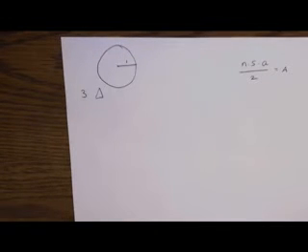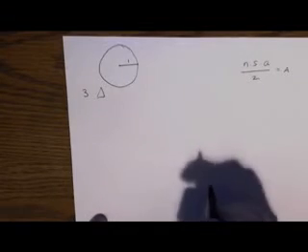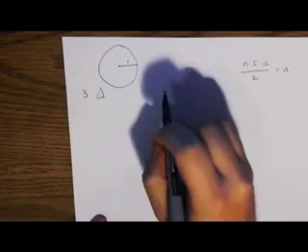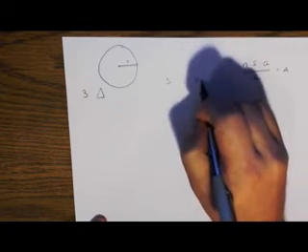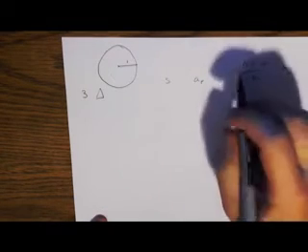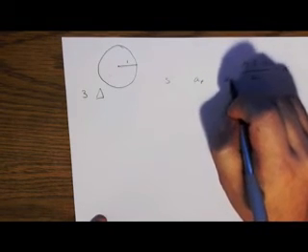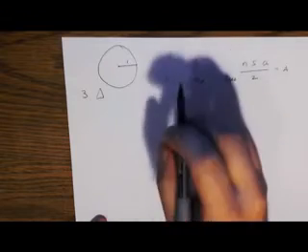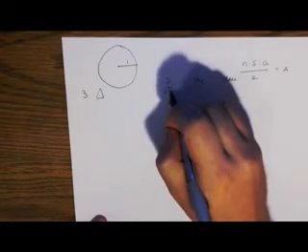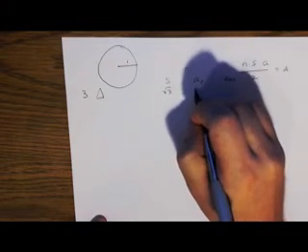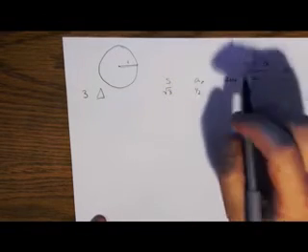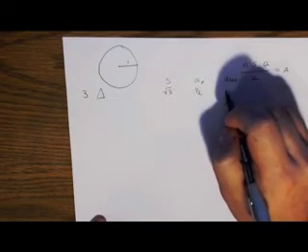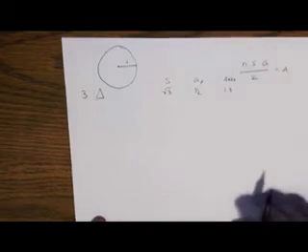All of these are going to be regular polygons. The side length of that triangle is the square root of 3, the apothem is 1/2, and the area is approximately 1.3.